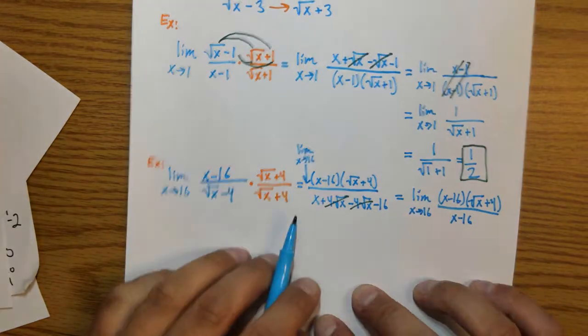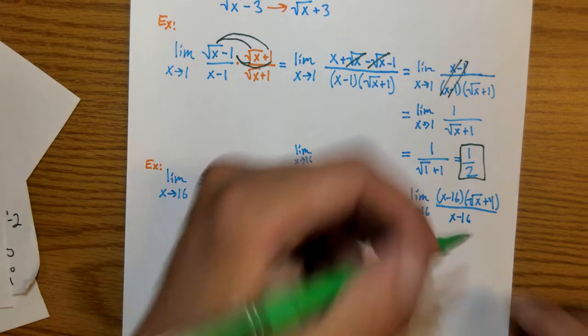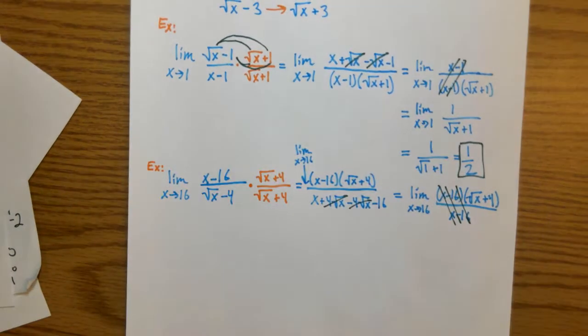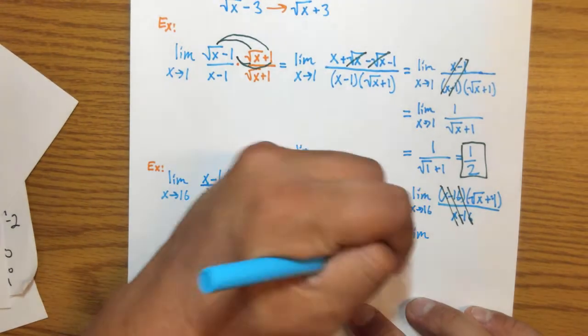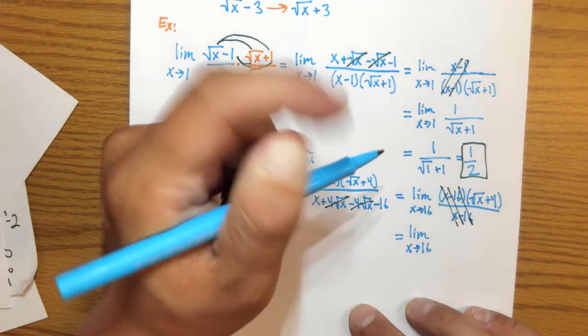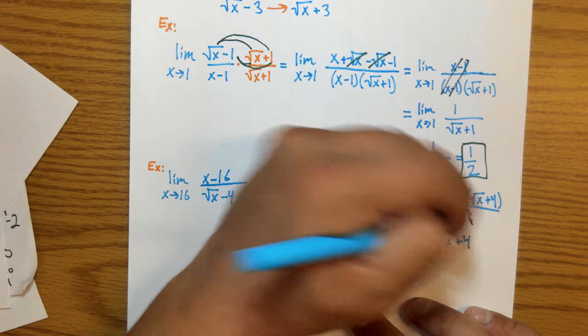And again, we have a pair of factors, one on top, one on bottom, that can go ahead and cancel out, which will leave us with the limit as x approaches 16 of the square root of x plus 4.